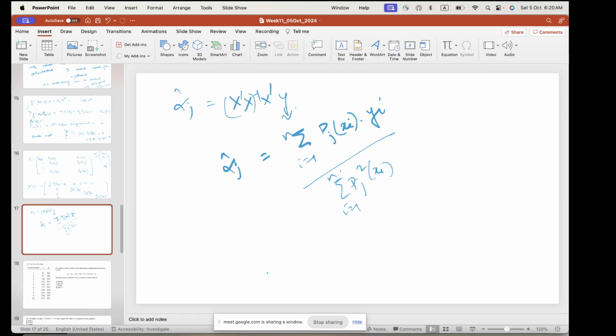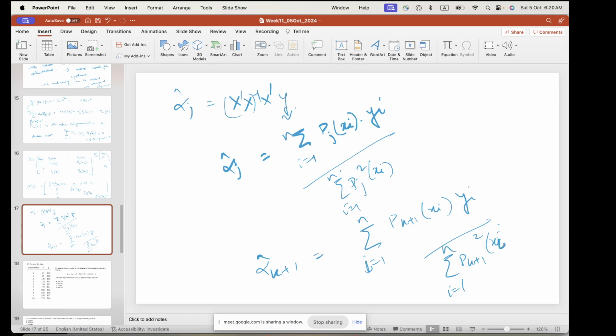Now if I want to add an alpha k plus 1 hat, then again similarly we just need to calculate summation I equal to 1 to n p k plus 1 xi into yi by summation pk plus 1 square xi, I equal to 1 to n.